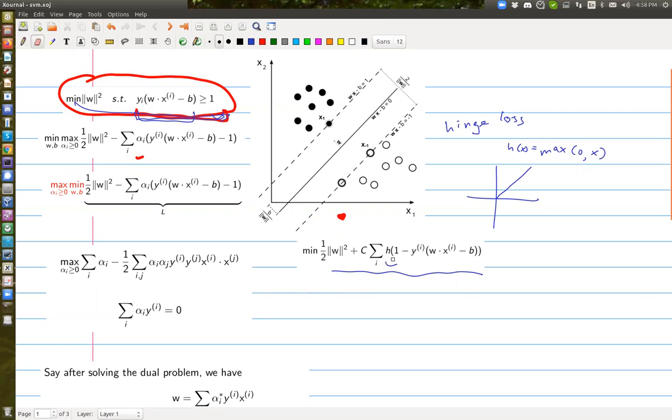But the problem is that H here is not really a well-defined kind of function. You can think of it as a tiny optimization problem, so that's not something we can solve just by taking the gradient. We don't know how to take the gradient inside this argument.